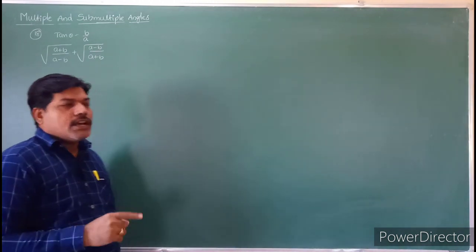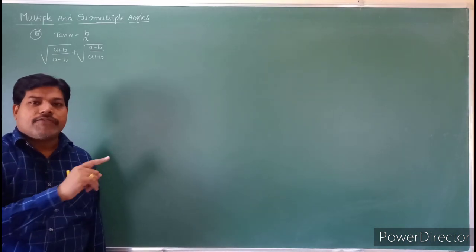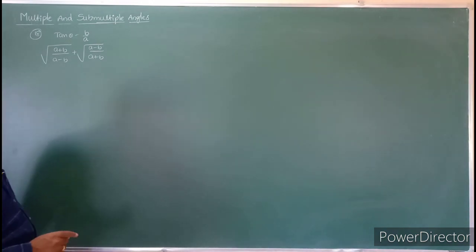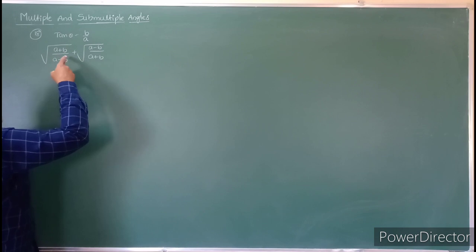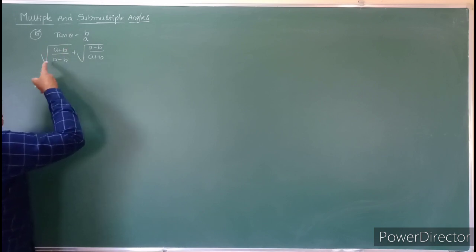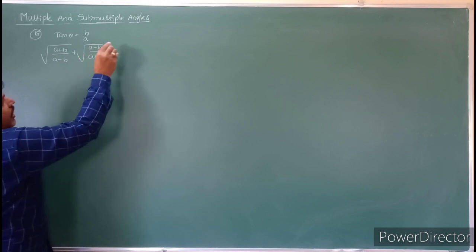Okay, so here I will change all the terms in terms of tan. If b by a is there, we can replace it by tan theta. So I will divide the numerator and denominator with a, here also. What happens?